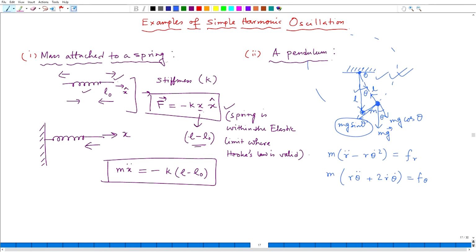Now I can write for this case, since L is not changing, r is constant, and that constant is exactly equal to L, and that is why r dot and r double dot are 0. So, my final equation will be minus m L theta dot square equal to F r. F r is the resultant force acting on the particle in the radial direction, which is the radially outward direction, the direction of positive r cap.